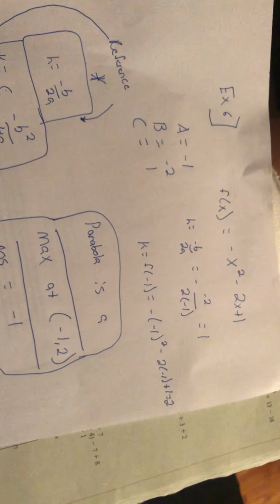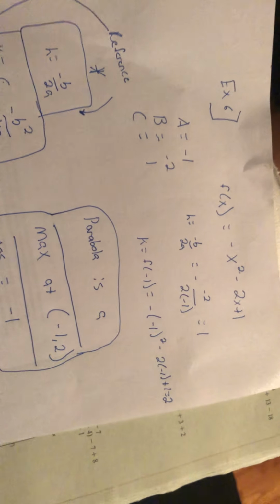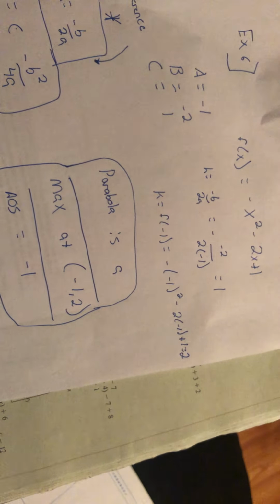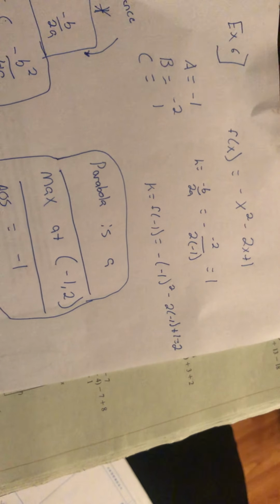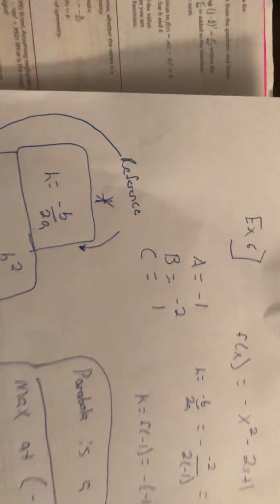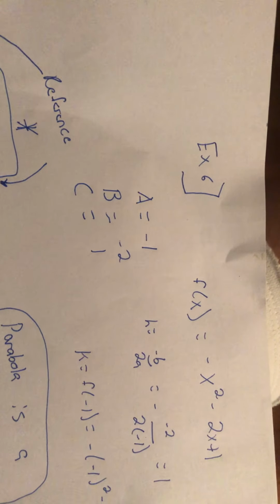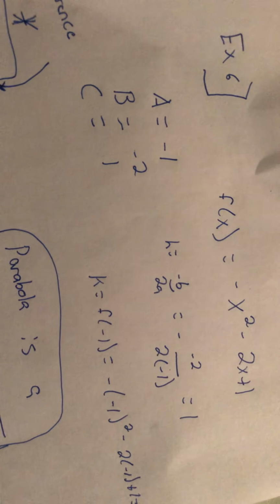x was -1 also, so you're going to put in here, it was squared, minus your 2, minus your 1, plus 1 equals 2. So again, all this is basically just taking your reference points, taking your givens, and solving them back into your equation.